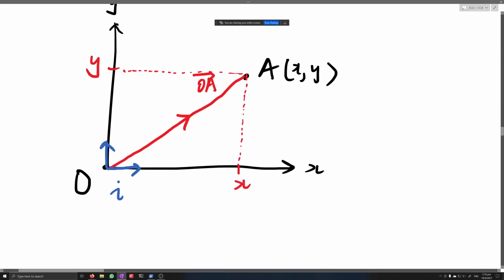We call this i hat, and we call this one j hat. Again, both of them are unit vectors, and they have magnitude 1. The special thing is that i hat is a unit vector that points in the positive x direction. j hat is a unit vector that points in the positive y direction. Then we can actually express OA as such.